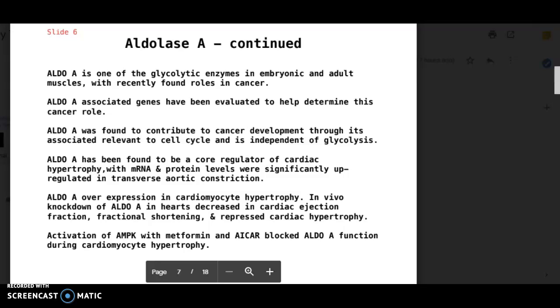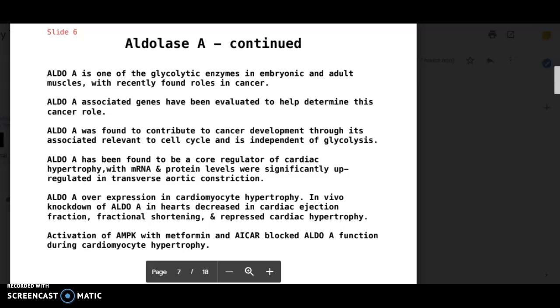Overexpression of ALDO-A in cardiomyocytes promoted ISO-induced cardiomyocyte hypertrophy. However, ALDO-A knockdown repressed cardiomyocyte hypertrophy. In addition, adeno-associated virus 9 mediated in vivo knockdown of ALDO-A in the hearts rescued the ISO-induced decrease in cardiac ejection fraction and fractional shortening and repressed cardiac hypertrophy.